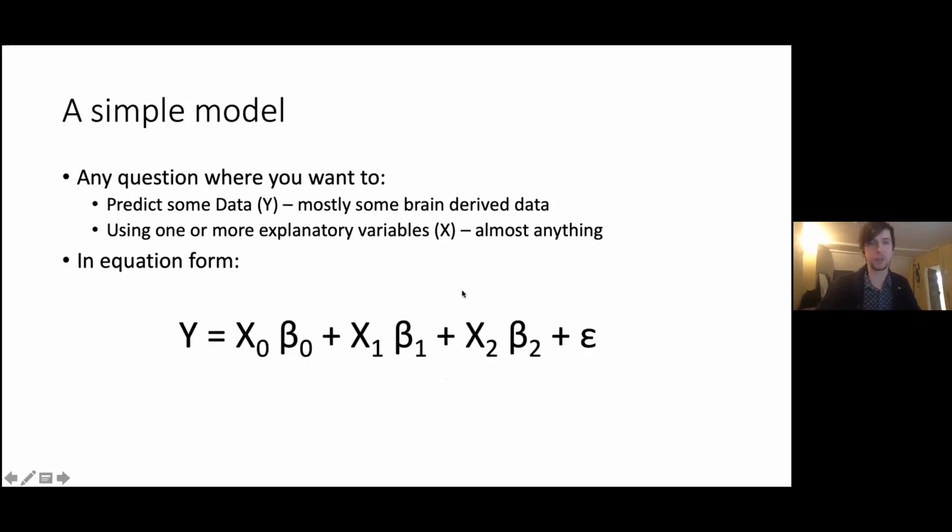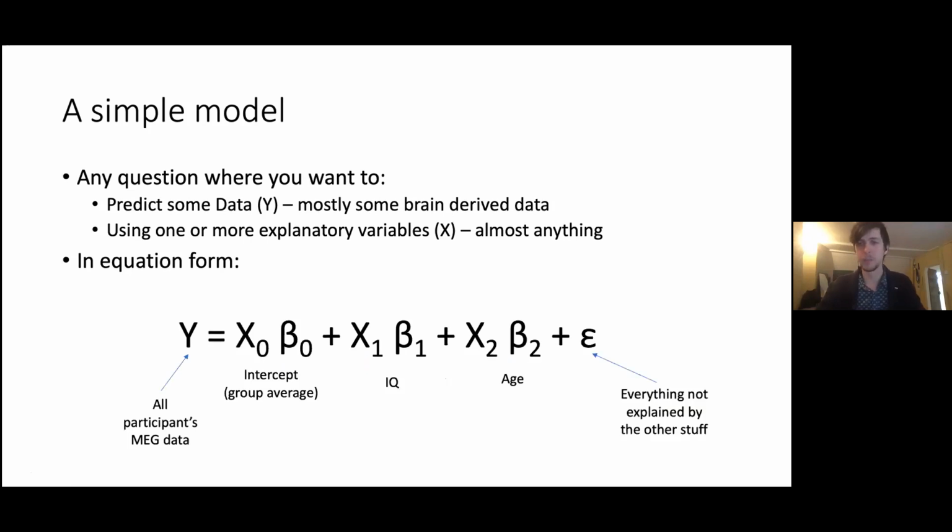To scale this up and show it at a more practical point, you might have all of your participants' MEG data. Then you have an intercept representing the group average, and then you might have something like each individual's IQ and their age and an error term. So again, stuff that's not explained by the other stuff.